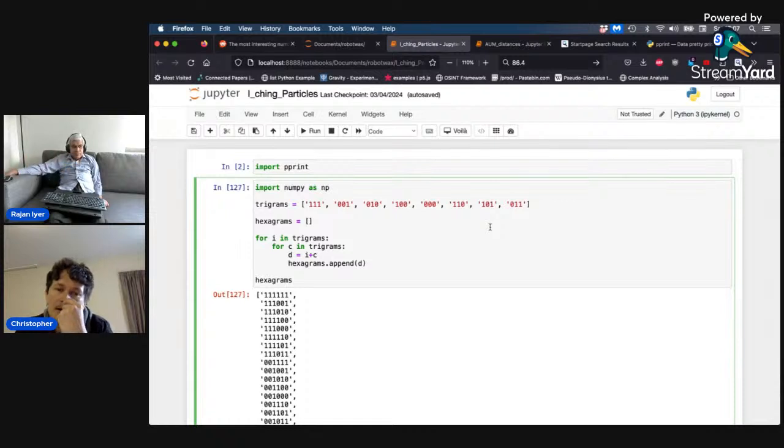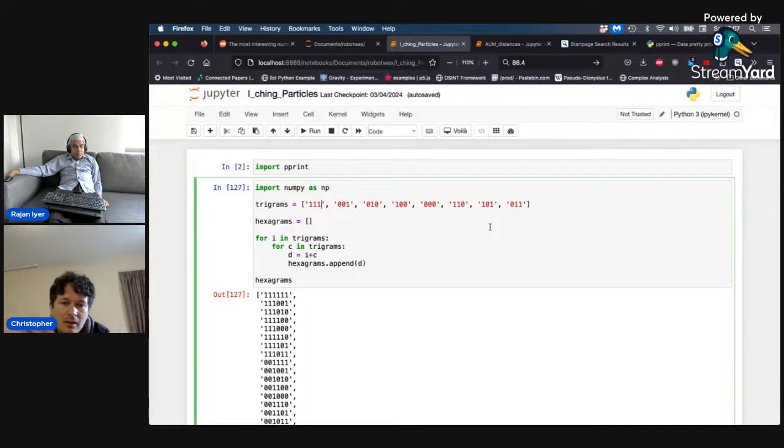I believe they used a system of divination where they had these things called yarrow sticks, and the different yarrow sticks would have different numbers of nodules, like when you have a stem, and then the stem has a nodule on it.